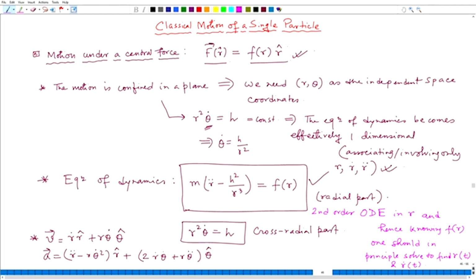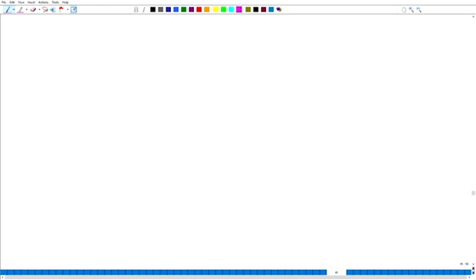I said that once r is obtained, then you know r square, then you can find h by r square, which is theta dot, and from that you also can find theta, and then theta and theta dot are also known. Now coming back to this point, how to find the orbit.